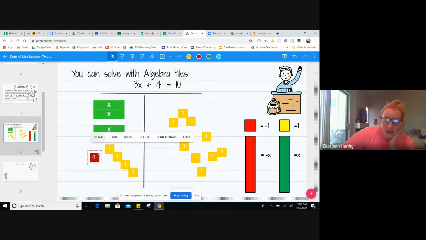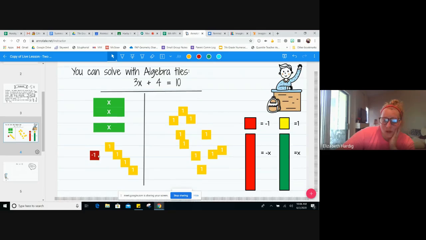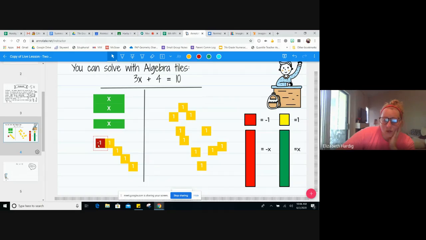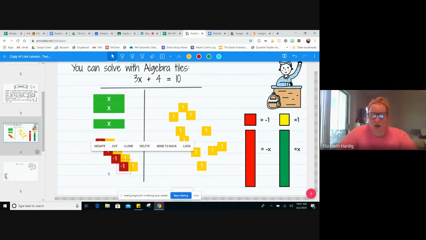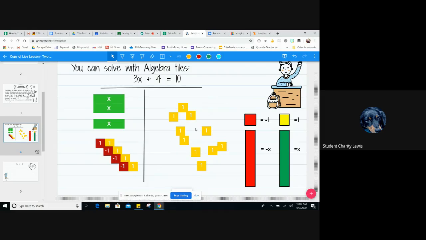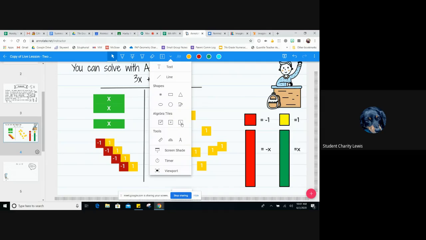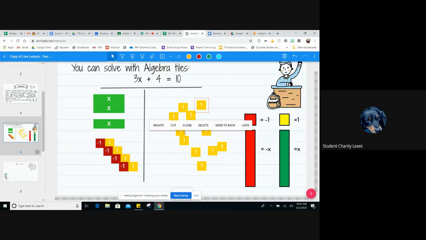Do you see how this would create a 0 pair and cancel out? So I need 4 of them to cancel out all of these. And if I added 4 negatives to the left-hand side, what should I do to the right-hand side as well? The same exact thing.